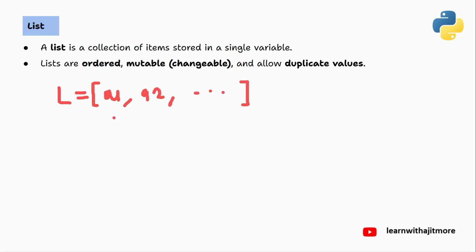Means A1 is an integer, A2 is a string. It can contain a list also. List can contain a list as well. Means that item can be a list as well. Getting it? Means within a list you can add a list. Within a list you can add a tuple. Within a list you can add a set. Anything. It is just a collection of items. And all the items are ordered. They have a position. You can modify it and duplicates are allowed.